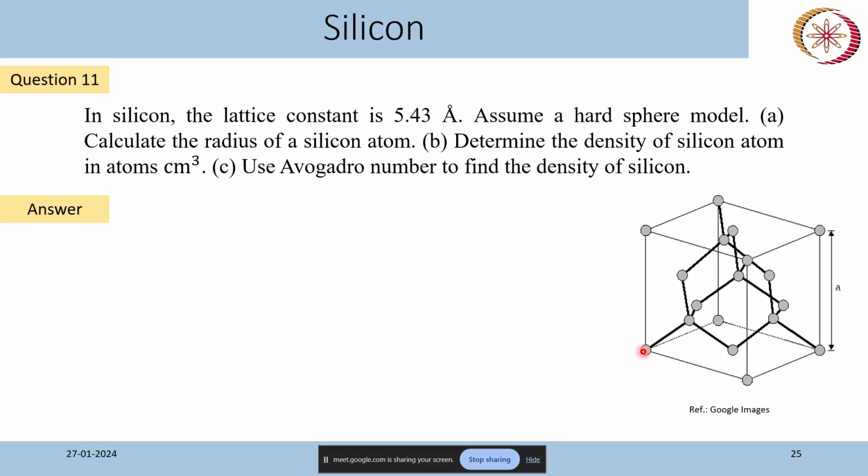Body diagonal is root 3a, and this distance is 1/4 of that. So now you can calculate the radius of the silicon atom.